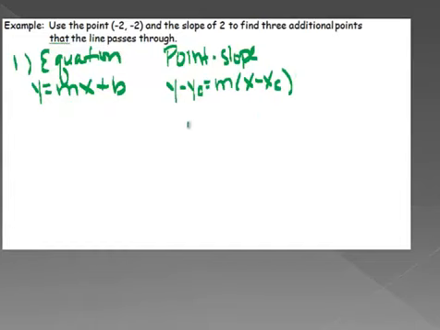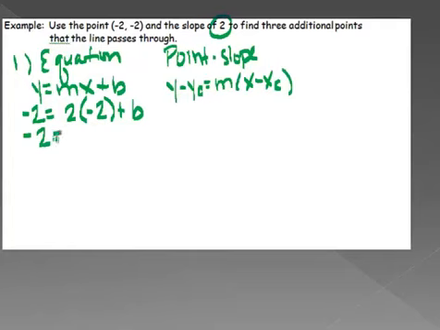And of course, I have it memorized. But if you use the equation y equals mx plus b, you're going to put the y value here. The y value is -2. Your m is your slope. The slope is +2. Times your x. Your x value is -2. Plus your b. We don't know b.